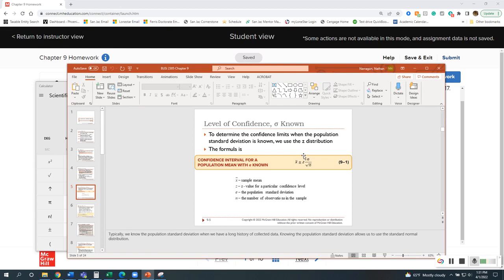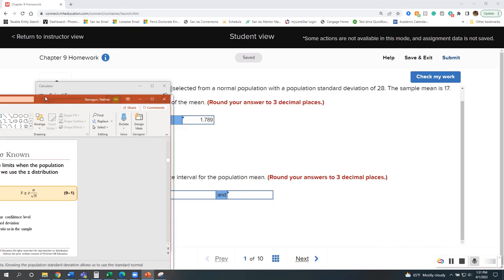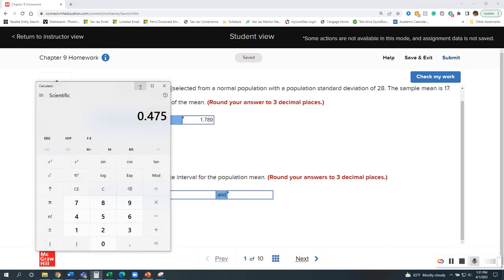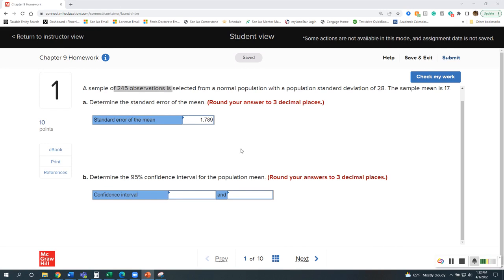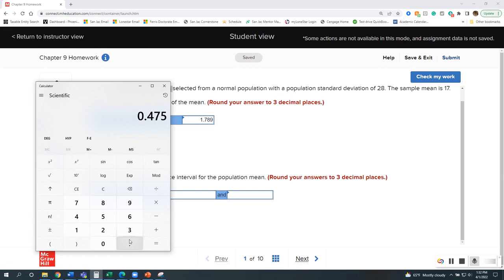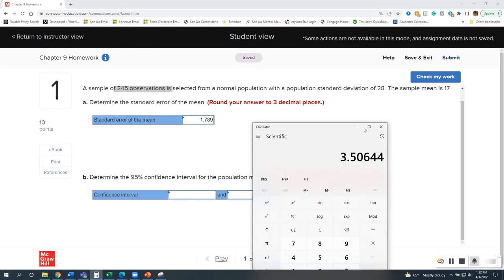It happens. So we're going to take the z value that we know, 1.96, and multiply it by our answer up here, the standard error of the mean. So calculation, 1.96 times 1.789 will give us 3.50644.